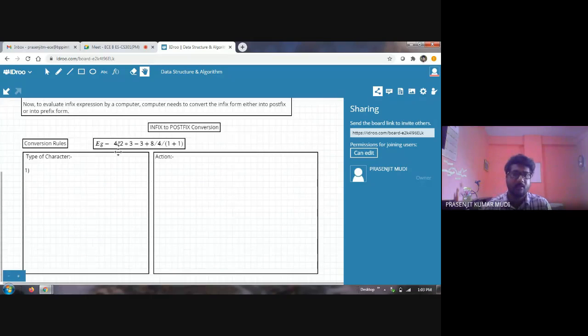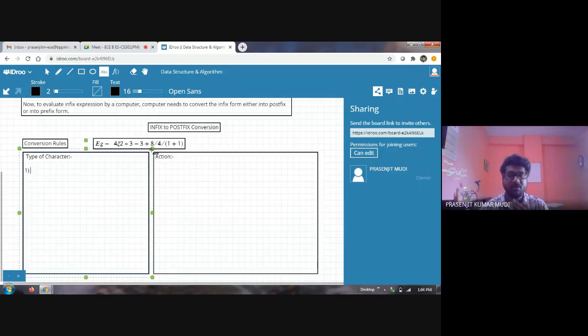Now, this is an expression starting from 4 and ending with the closing bracket. What are the characters involved in this expression? If you traverse from left to right, one character at a time: first character is 4, then exponentiation, then 2, then star, then 3, then minus, then 3, then plus, then 8, which is also a character.